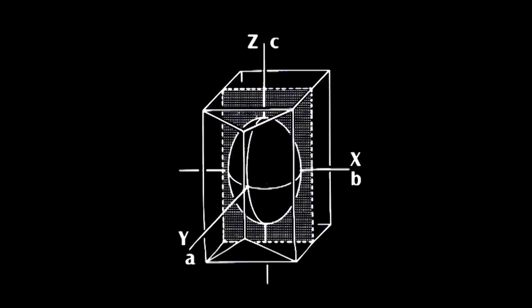In orthorhombic crystals, the optical directions correspond to the crystallographic axes, that is, the x direction and its corresponding refractive index A can be either the A, B or C crystallographic axis. The y direction and B can be parallel to either A, B or C, and the z direction or G can be parallel to either A, B or C.